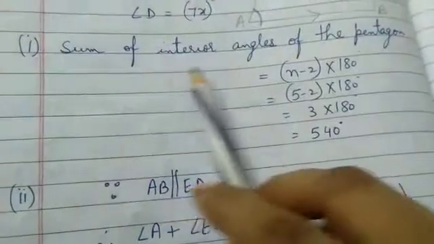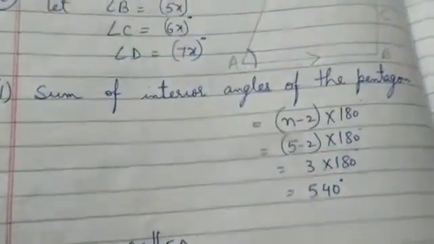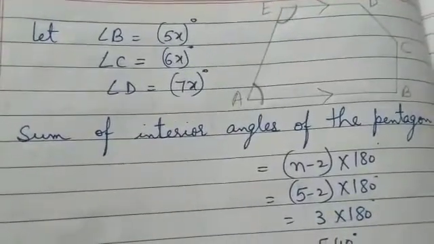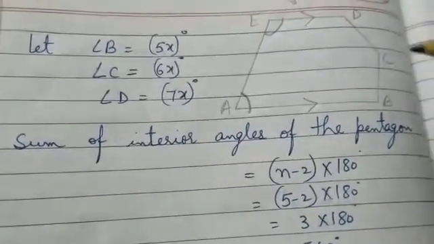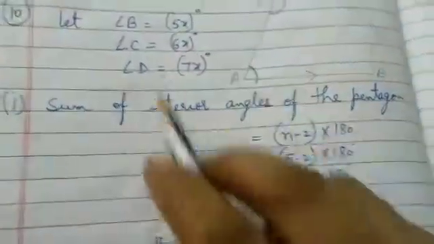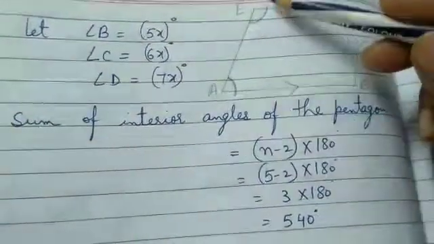So here we have the sum of interior angles, which is 540 degree. Now we can find the sum of interior angles again, because we have a few individual values and a few combined values, like the B, C, D values are there, and A plus E together is 180 degree.